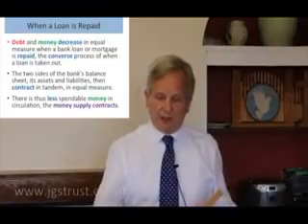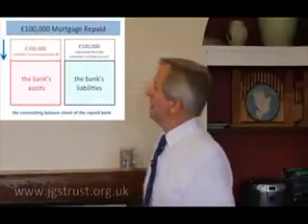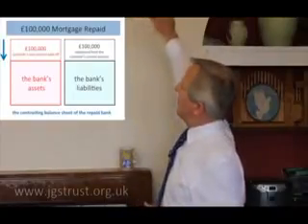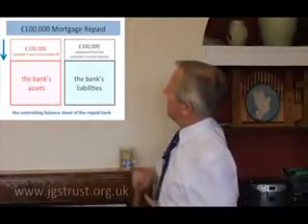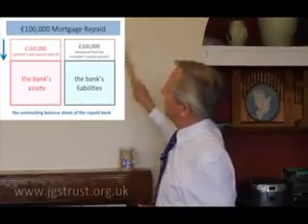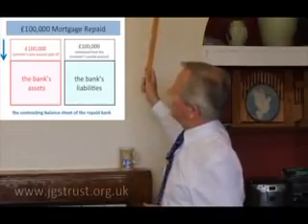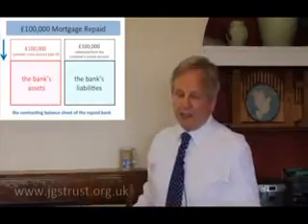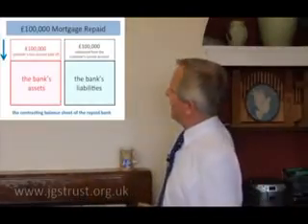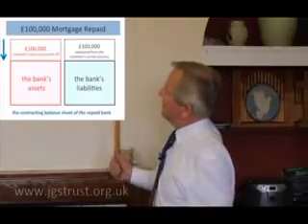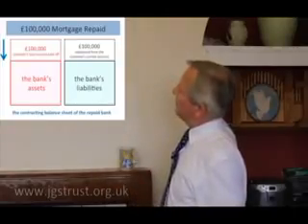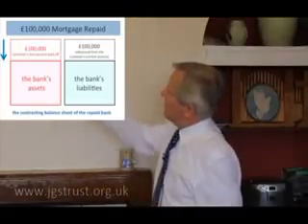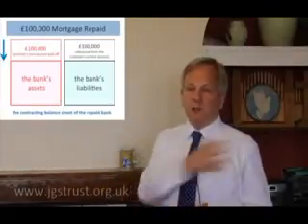Let's see that schematically. Here's the balance sheet. The dotted lines are before the event, and the solid lines are both before and after. So when the guy comes in with these 100,000, well, he probably doesn't these days, he probably does it electronically, but when this event of debt repayment happens, then the effect on the balance sheet is that the loan account is paid off, so it disappears.